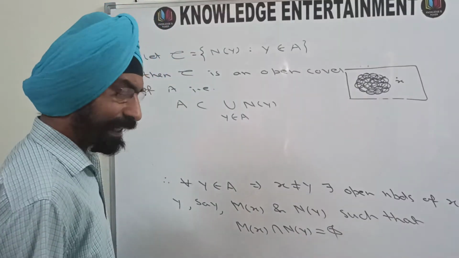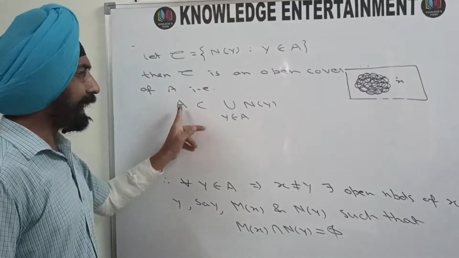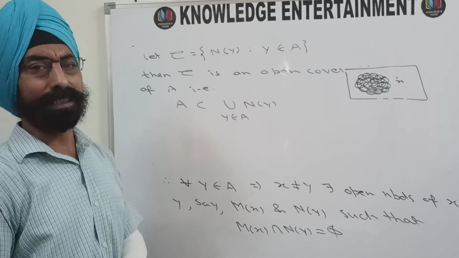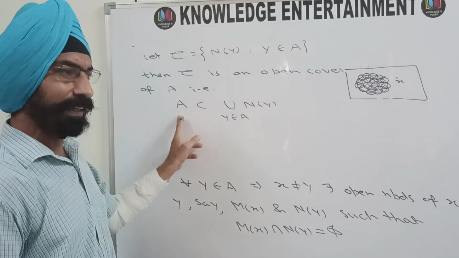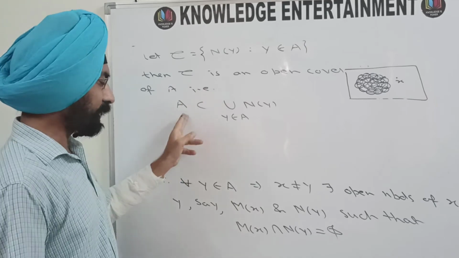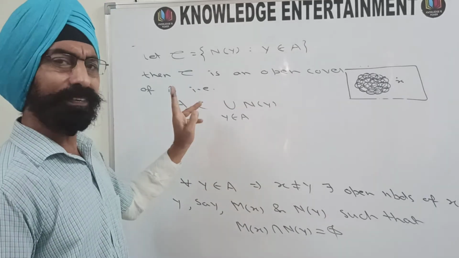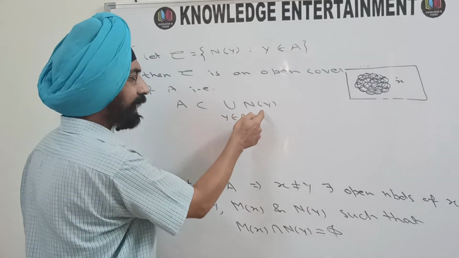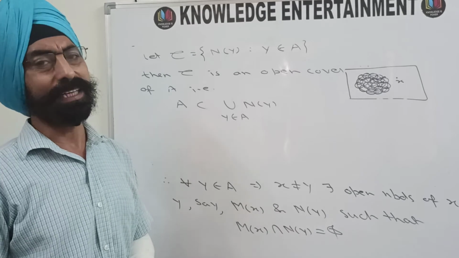On the other side, this A is compact. This is given because it was in the starting given that A is a compact subset of a Hausdorff space. If it is compact and it has an open cover, so definitely there will be a finite subcover.